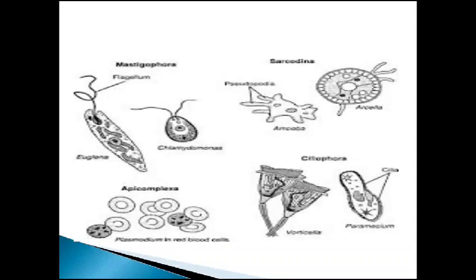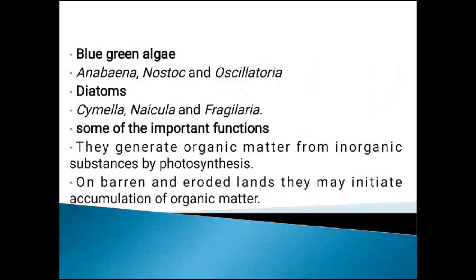Some common algal genera of the soil are green algae, yellow-green algae, blue-green algae and diatoms. Examples include Anabaena, Nostoc and Oscillatoria, and the diatoms Navicula, Nitzschia and Fragilaria.